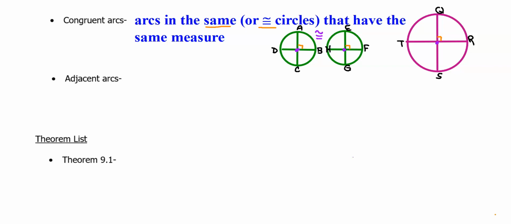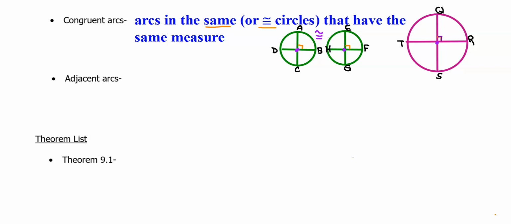Or I can even say arc AB is congruent to arc EF or GH or HG in the circle to the right, because they are either in the same circle or congruent circles. Now, if you notice over in the pink circle, even though arc QR measures 90 degrees right here, the fact that it is in a larger circle tells me that it is not going to be congruent to the other 90-degree arcs. So that's what is meant when I say same or congruent circles.